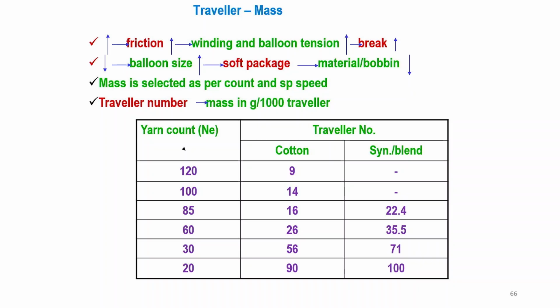So, the doffing frequency will increase, and mass is selected as per the yarn count, as we have discussed. The finer the yarn count, the lower the mass. You can see that for 120 NE, a very fine count, the traveller number will be 9. In this way we can select the traveller.